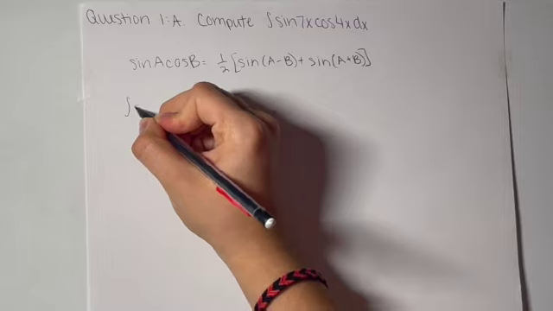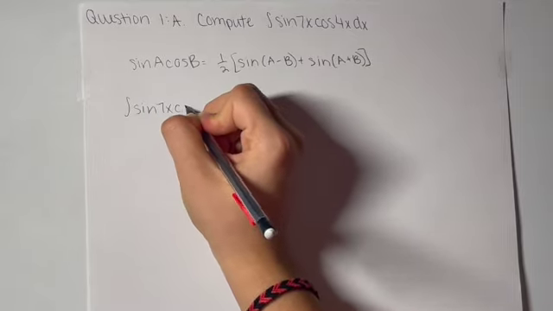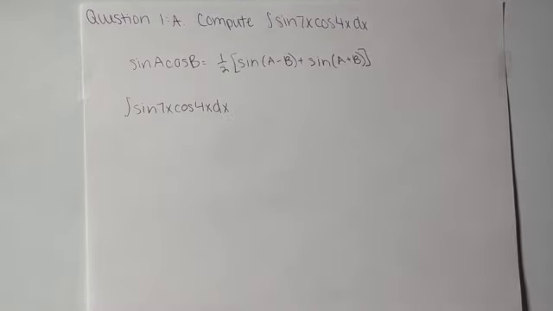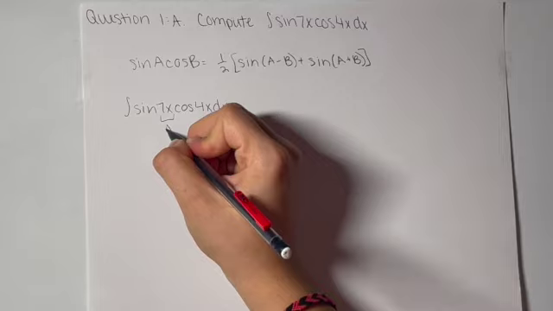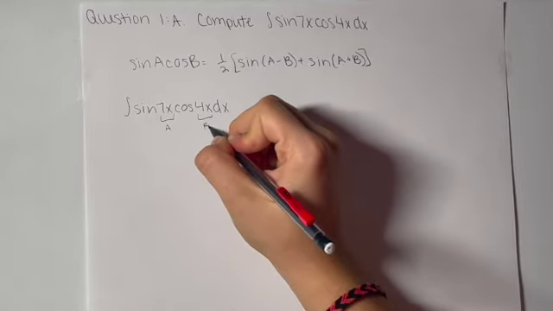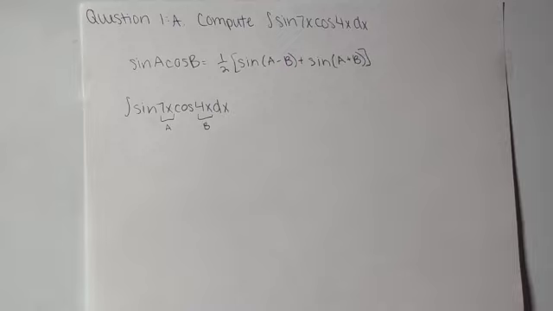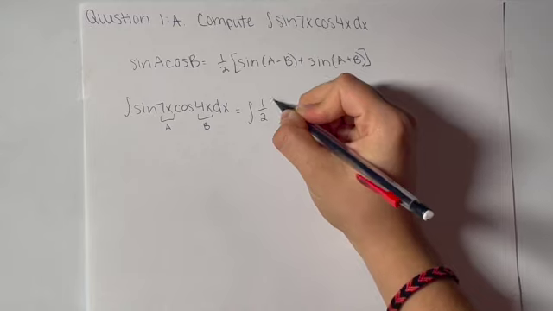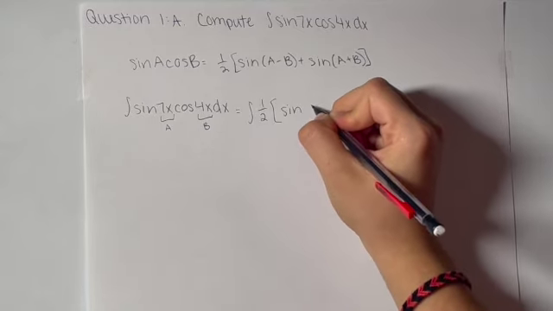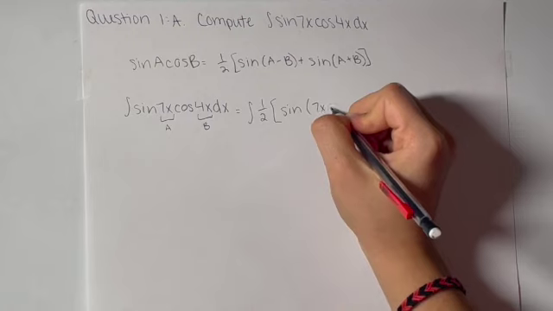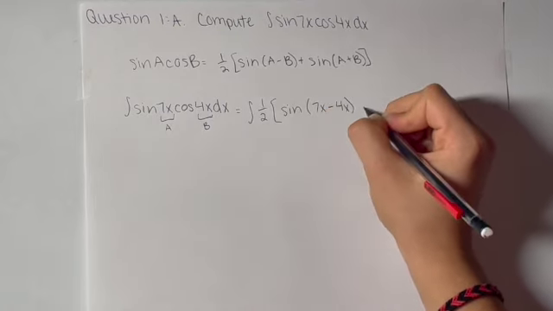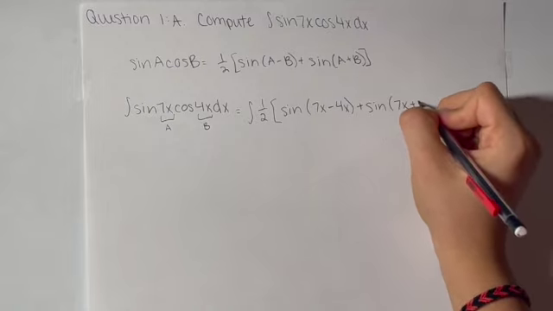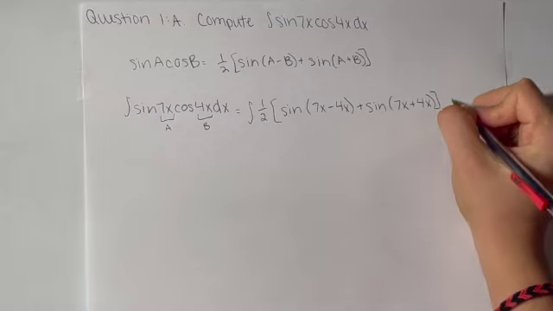We have our integral of sine 7x cosine 4x dx. From here we can identify that 7x is our A and 4x is our B. We can plug this in and get the integral of 1/2 times sine of 7x minus 4x plus sine of 7x plus 4x dx.